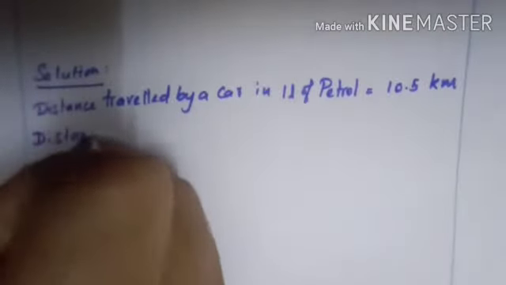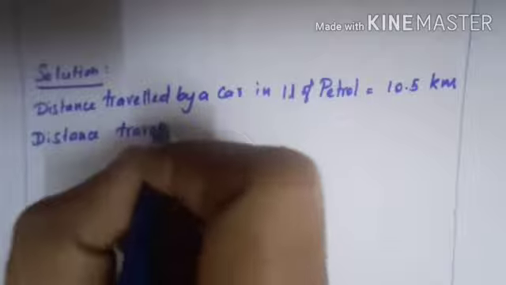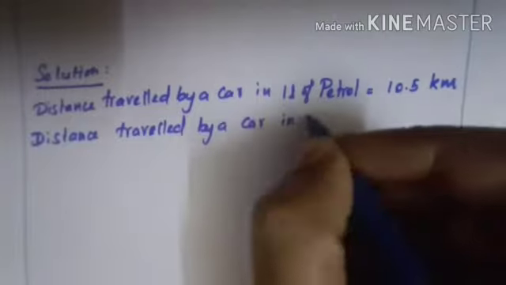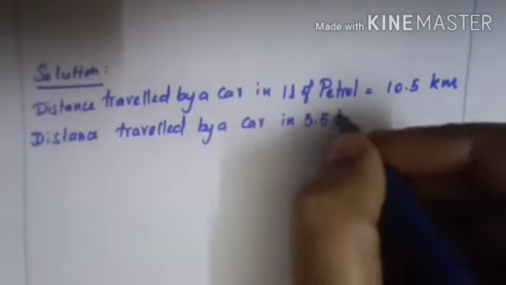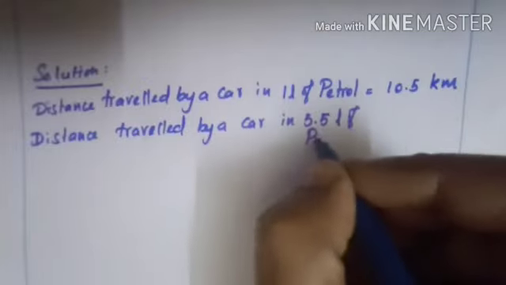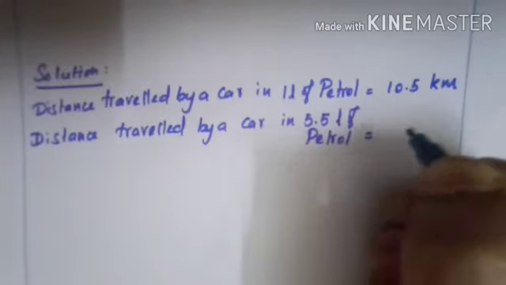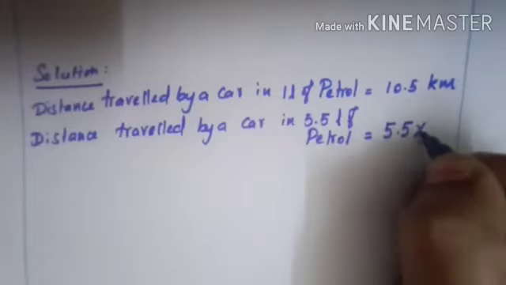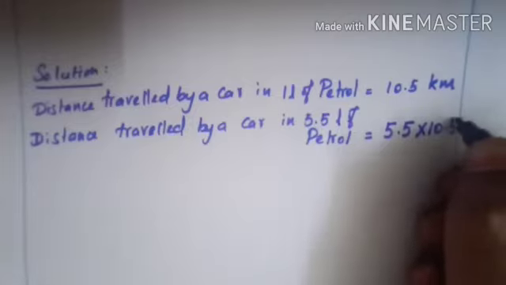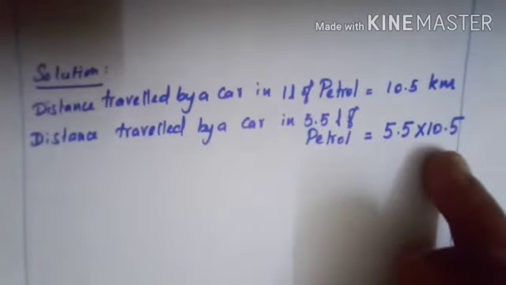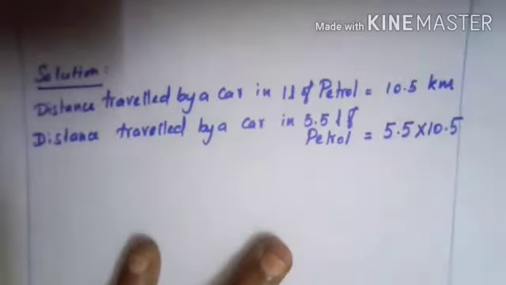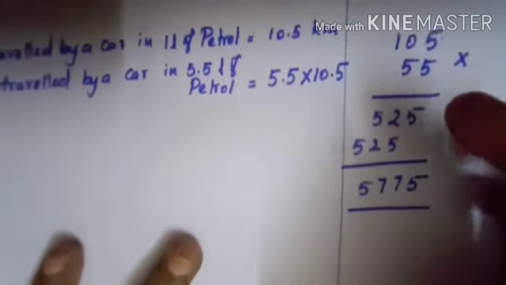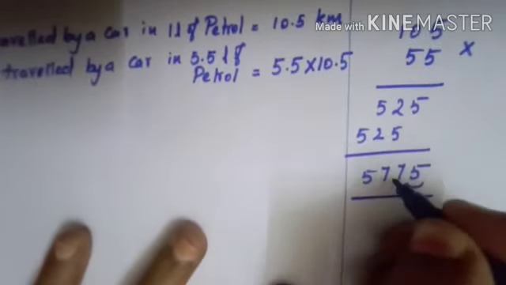Then distance traveled by a car in 5.5 liters of petrol is equal to 5.5 into 10.5. Multiply these two numbers in your rough column. Multiply the whole numbers and count the decimal places and keep the point from left to right.